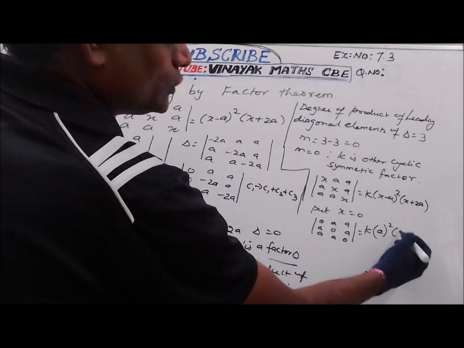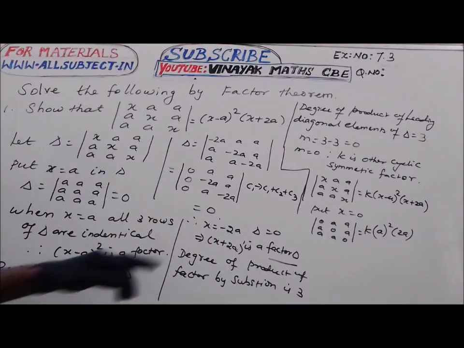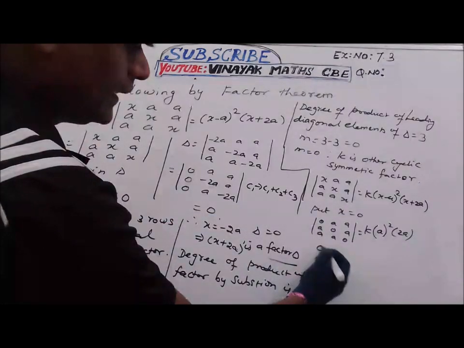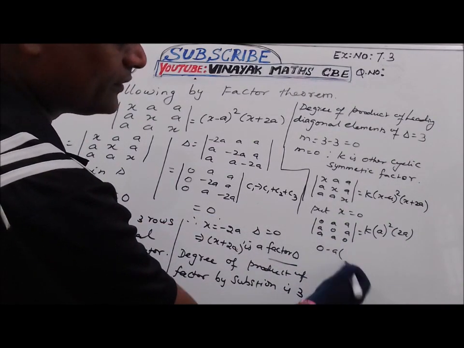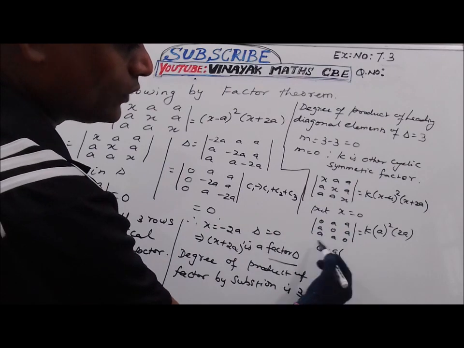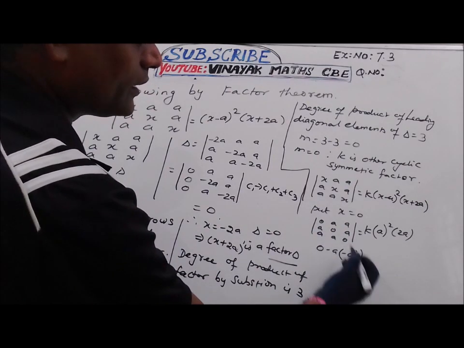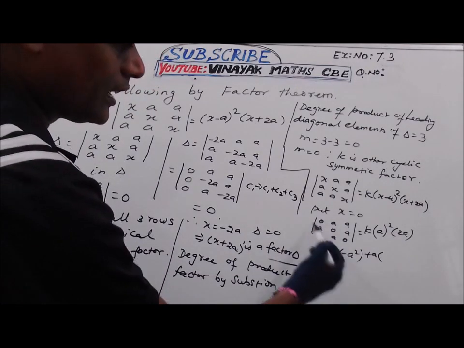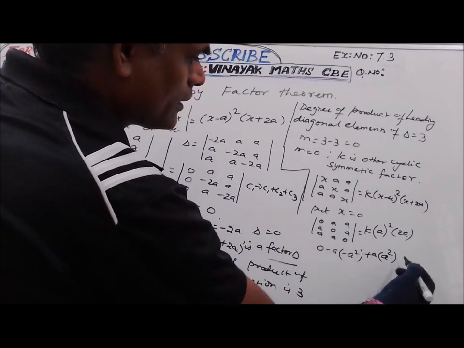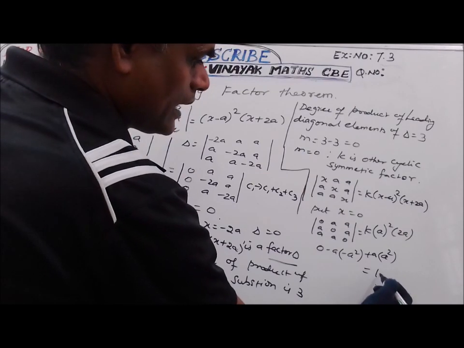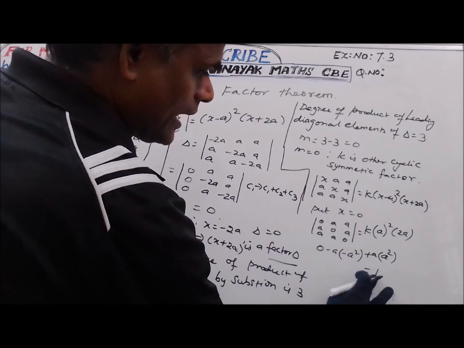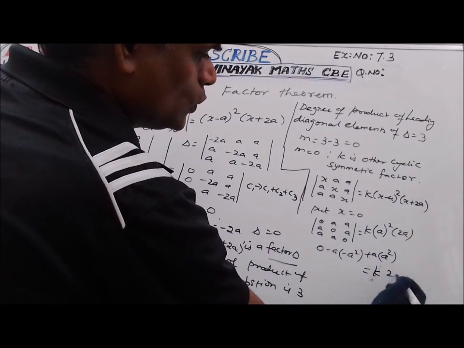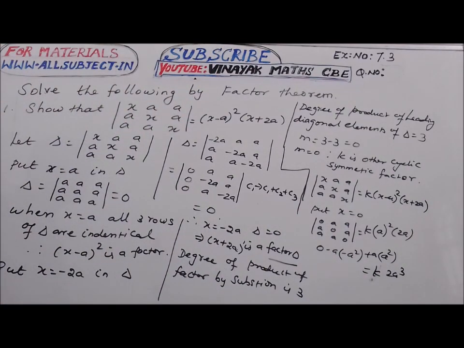Now expanding this with respect to R1: 0, the next element is minus a into (0 minus a square), minus a square, and taking the third element plus a into (a square minus 0), so a square, which is equal to k into 2a cube.